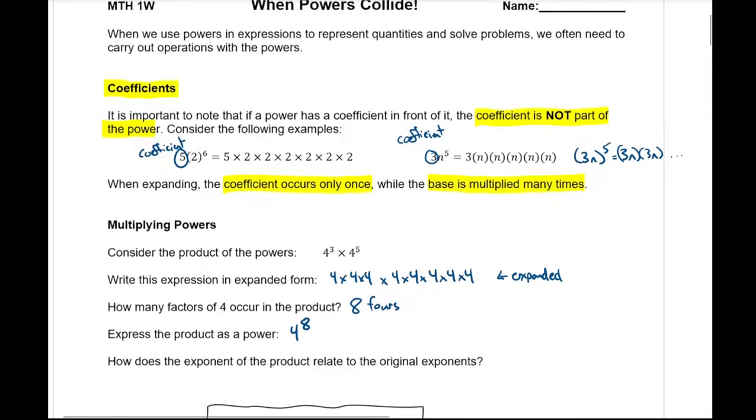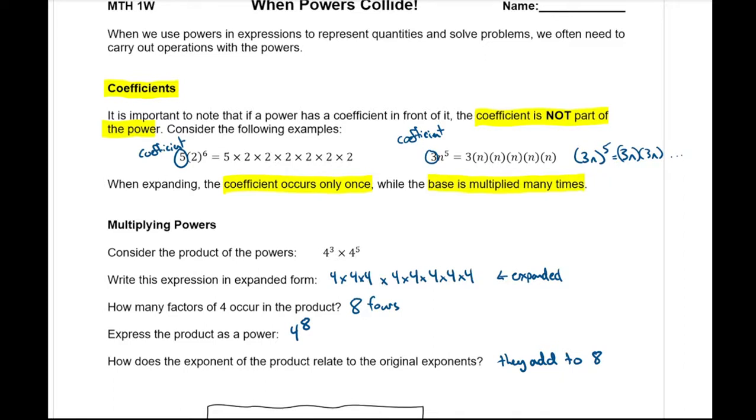What we want to think about is how the exponent of this product relates to my two original exponents up here. How do these two relate to that 8? And what we should find is that they add to 8, or they add to the power of the product, basically my new exponent.